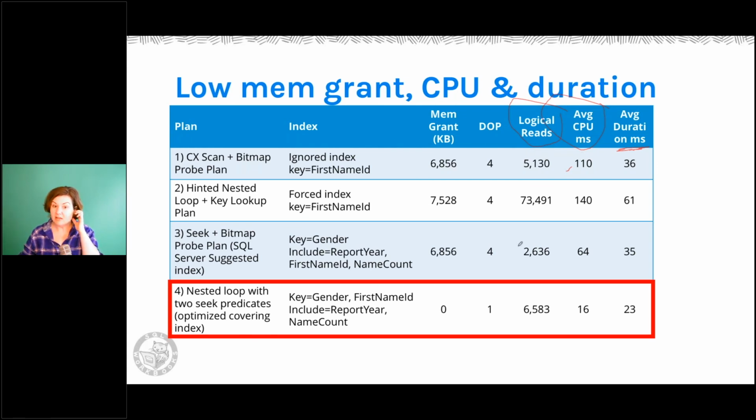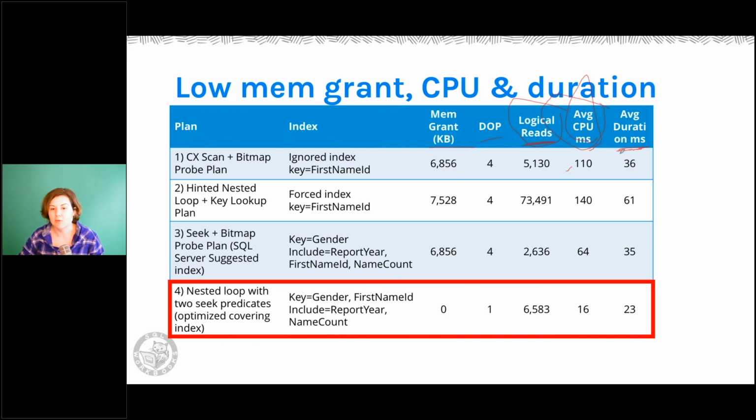I want to get my resources for the query down as much as I can while still making the customer happy. So I will also look at things like, does the query have to go parallel? Does it require a large memory grant? As I'm going, I'll keep an eye on them. But really what I want to know is, how can I get CPU time the lowest? Looking at where the logical reads are can help inform me how to get CPU time the lowest.